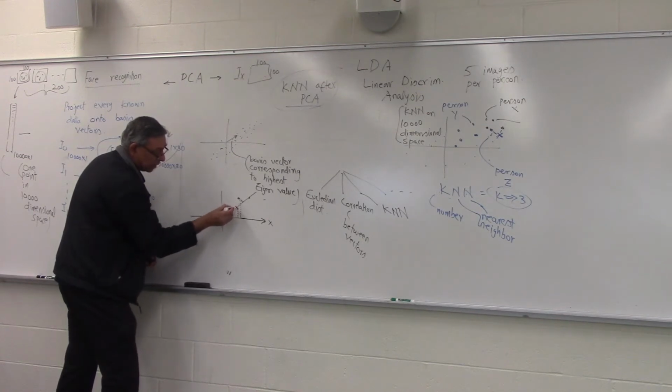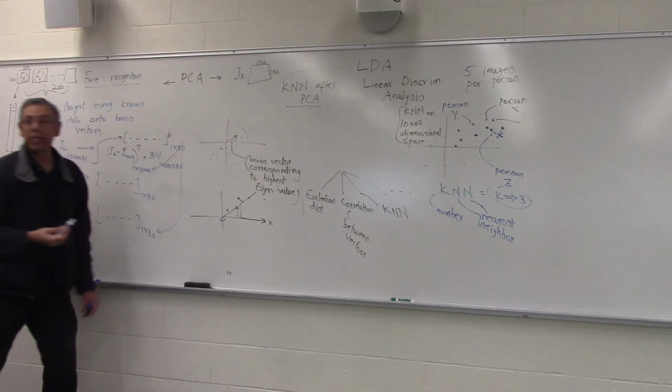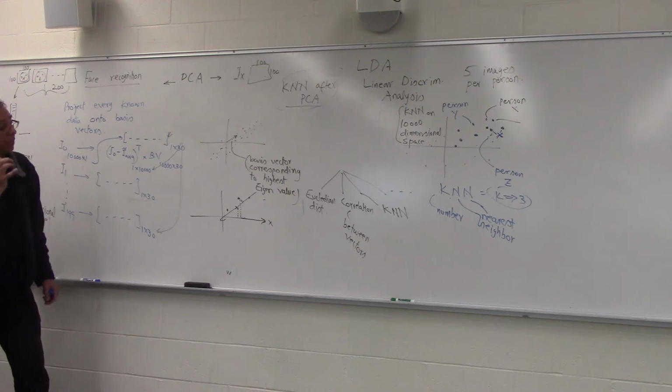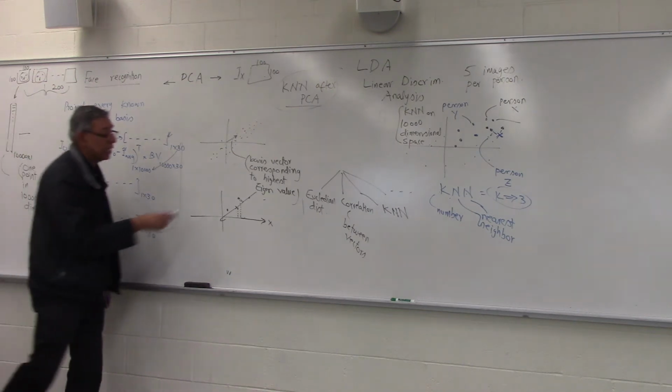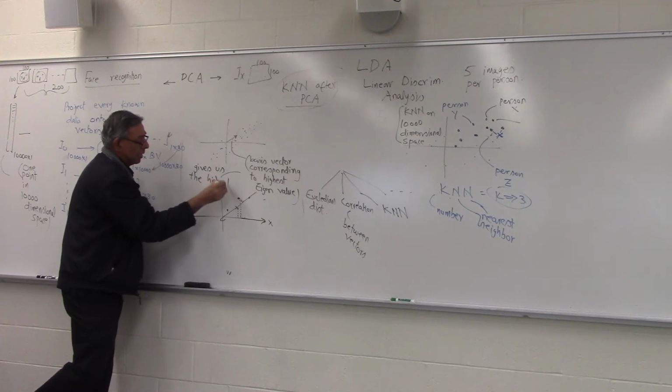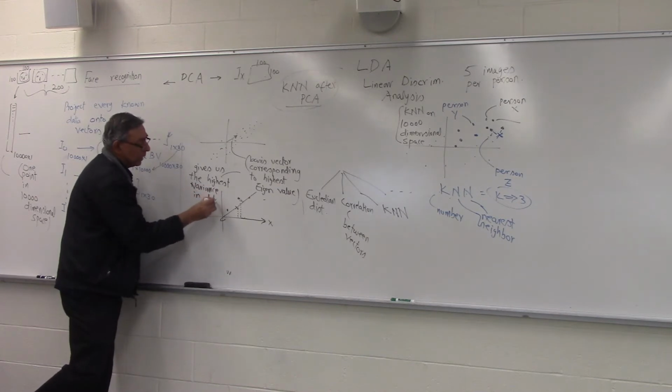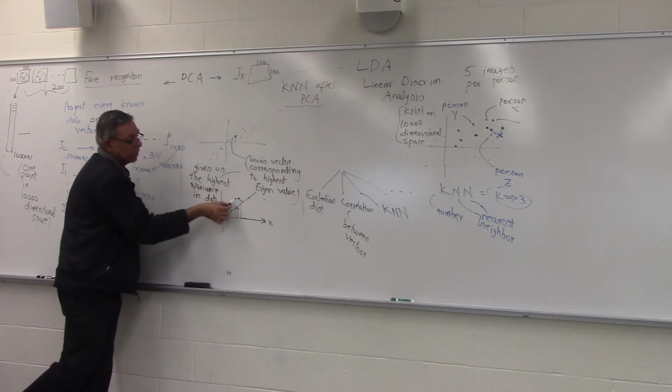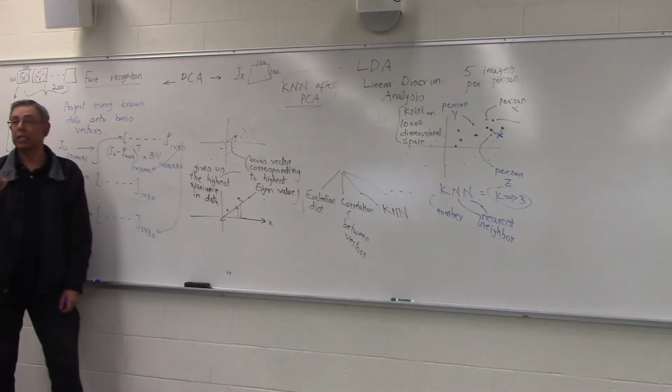Now what's the difference? It will be large, right? So the basis vector corresponding to the highest eigenvalue gives us a vector of the highest variance in the data. So in that direction, there's highest distinction between the data.